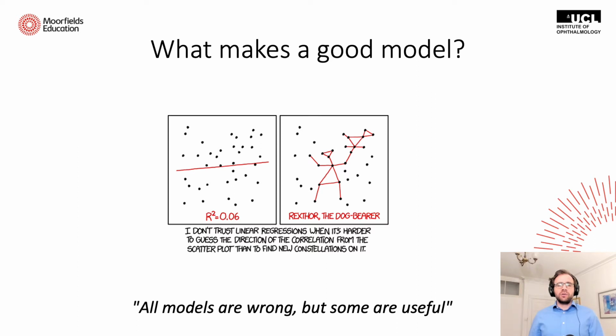Well, usually the use of a model is to predict a label on unlabeled data, or to assess the statistical significance of a parameter. Another important feature of models is that they need to be able to generalize to new data. As you can see here in the comic, on the left is an example of a linear regression, a straight line, which is a pretty sensible model, and on the right a more creative but less useful model.